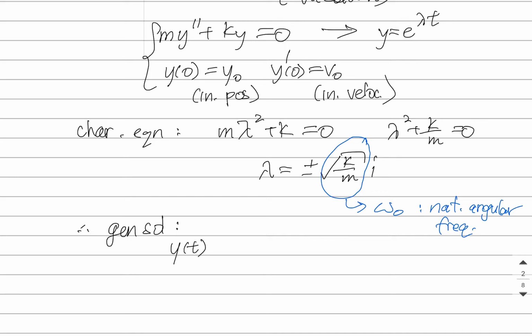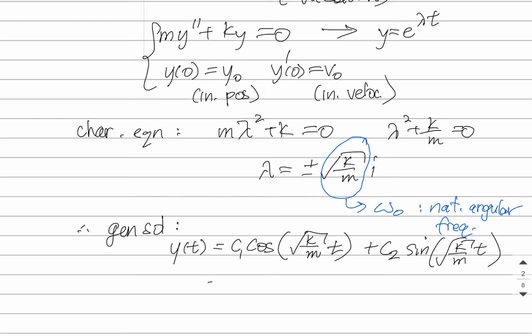The basis functions here are going to be cosine of square root k over m t plus sine of square root k over m t. We could write everything here in terms of that natural frequency, omega naught t, and same thing in the other case.